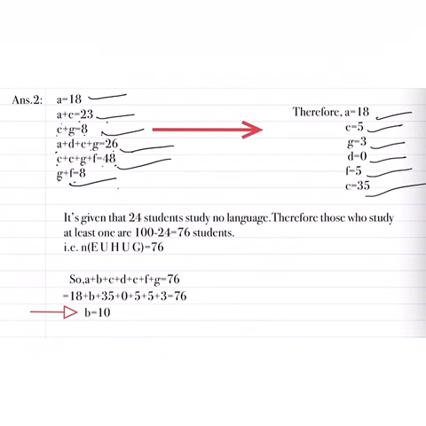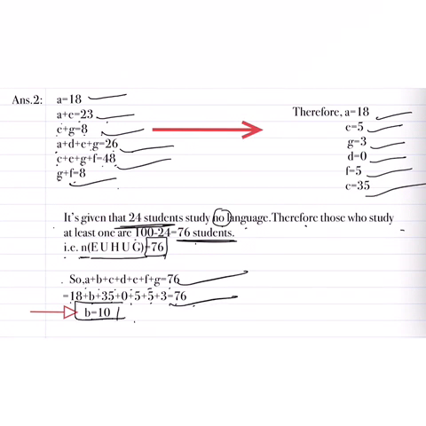And I wasn't able to find the value of B. So it's given that 24 students study no language. Therefore, those who study at least one would be 76, which is 100 minus 24. And this can also be the cardinal number of E union H union G. And therefore, A plus B plus C plus D plus E plus F plus G equals 76. And therefore, we can find the value of B, which is 10.